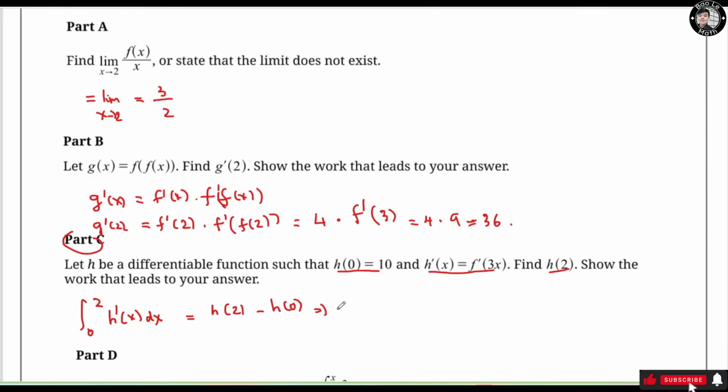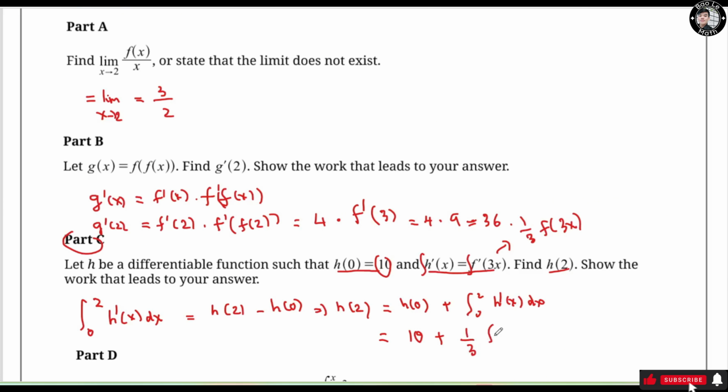So then h of 2 equals h of 0, which is 10 right here, plus the antiderivative of h prime of s. If we take the antiderivative of this one, it turns out to be 1 over 3 f of 3s, evaluated from 0 to 2.